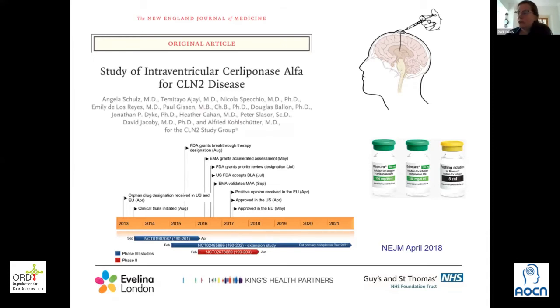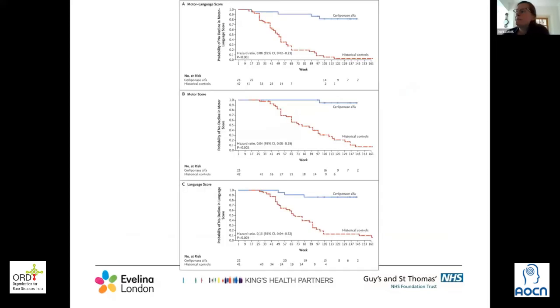There were 24 children enrolled into the trial, and the results, as I suggested before, for those 24 children were compared with the historical controls, and the main outcome measure was that clinical scoring system that I showed you. So the top graph here shows the combined motor and language domains, and the middle graph is the motor score, and the bottom graph is the language score.